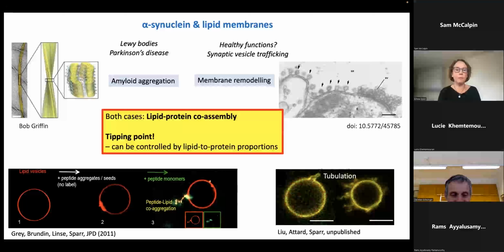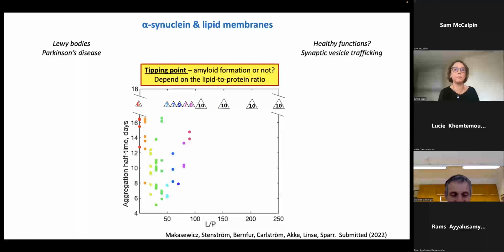Then one can ask, when do we go in one direction and when in the other? Here is an example, and it is the only aggregation data that I will show. These are data from thioflavin T fluorescence, where we studied the aggregation of alpha-synuclein at different lipid-protein ratios, in the presence of different amounts of vesicles.